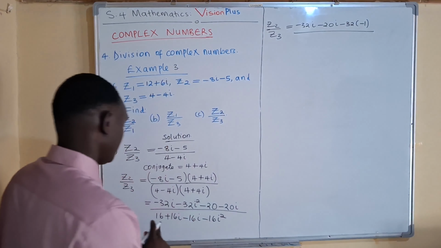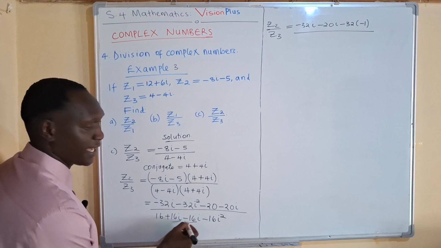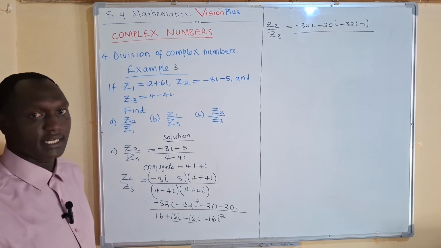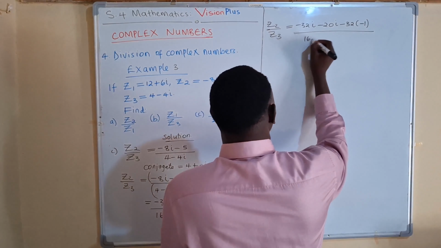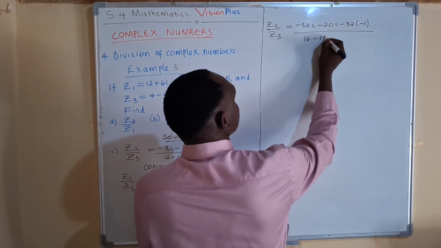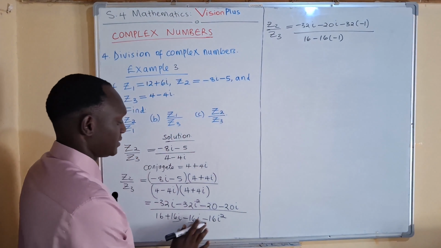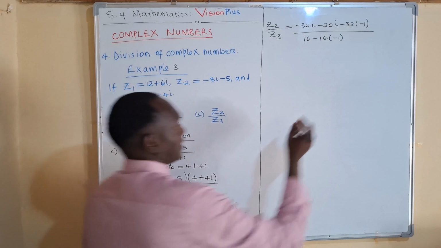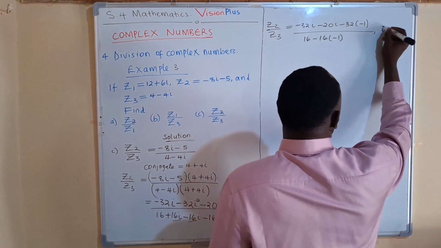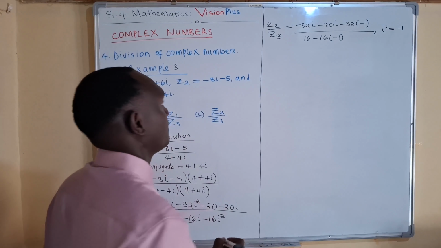We are dividing by this, and these are cancelling out: 16i minus 16i is 0. So we shall have 16 minus 16i squared, and i squared is negative 1.